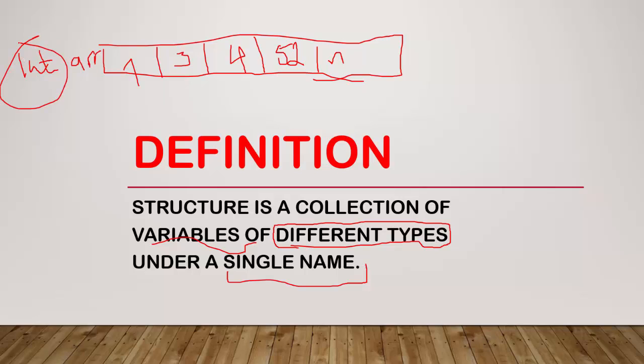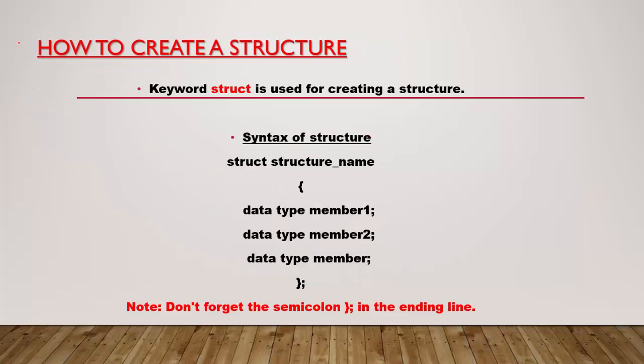So we have seen that it is very difficult to receive or retrieve variable values of different data types with arrays. This is why today we are going to talk about the structure.